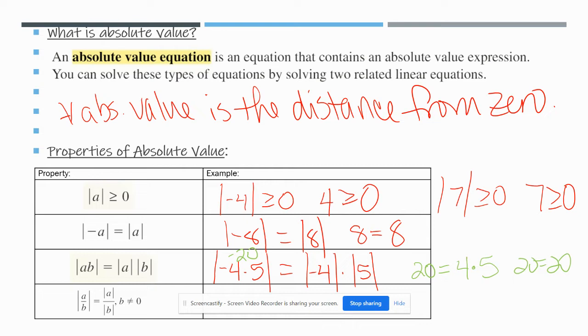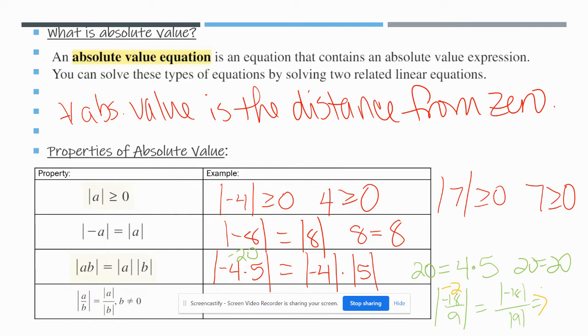And then whatever we can do with multiplication, we can still probably do with division. So if I look at this last property, it's saying if I wrote the absolute value of -18 over 9, we can rewrite that as the absolute value of -18 over the absolute value of 9. -18 over 9, if I left it as just a regular fraction, is -2.